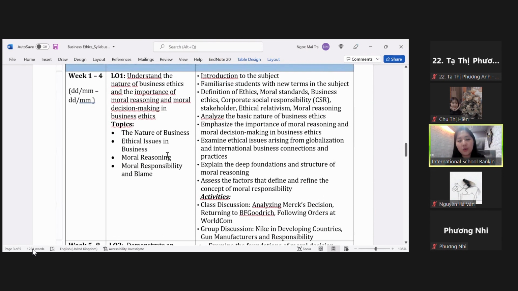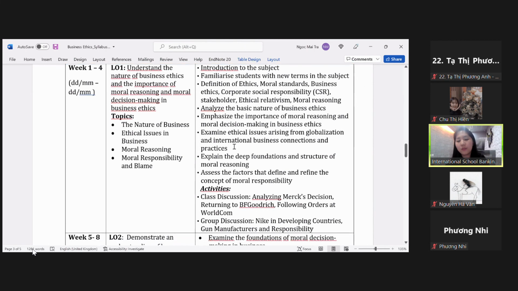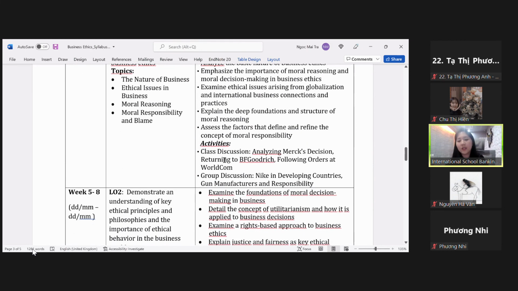Okay, so in the first chapter we learn about different terms in the subject: what is moral, what is ethic, what is moral reasoning. And we are also going to discuss many case studies.